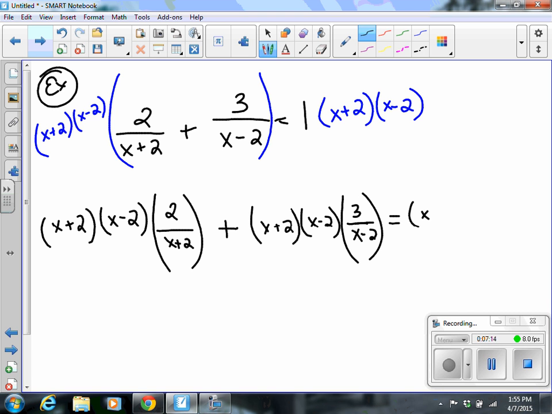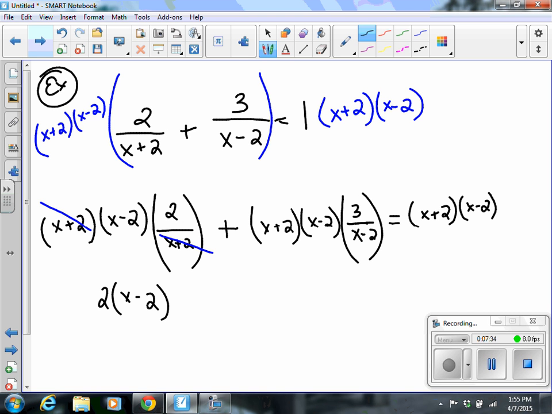And that equals x plus 2 times x minus 2. So over here on the far left, I already know that I can cancel out this x plus 2. So that's really 2 times x minus 2.